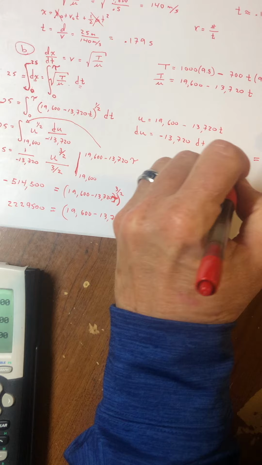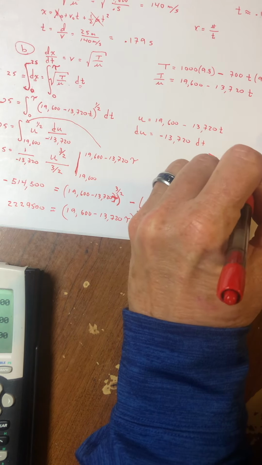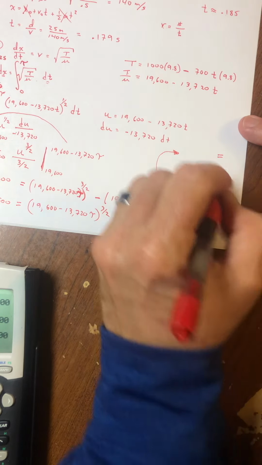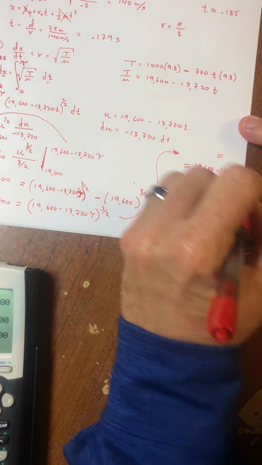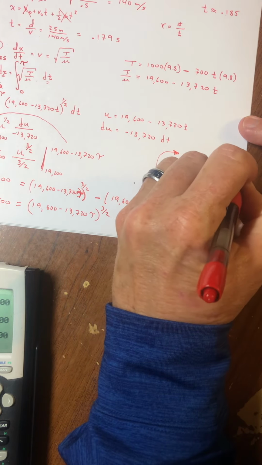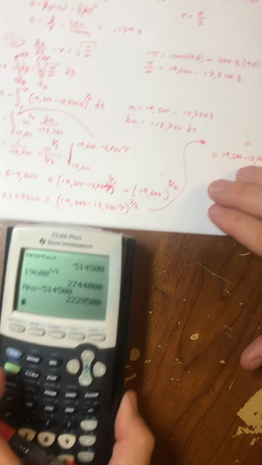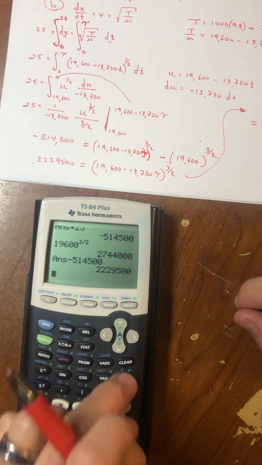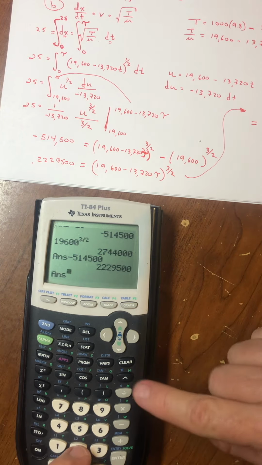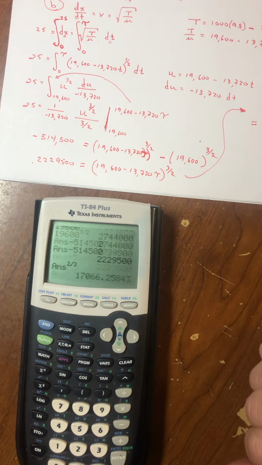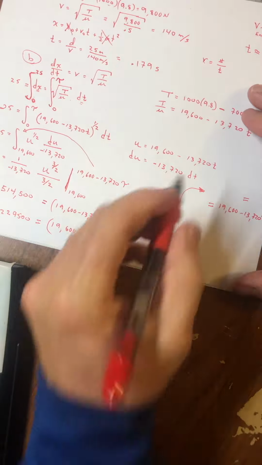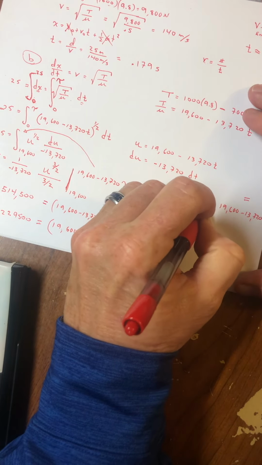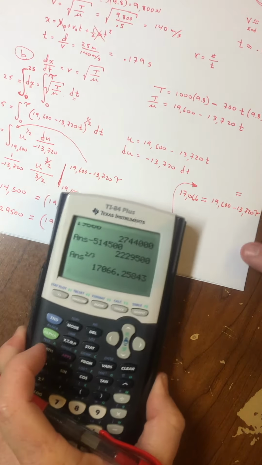And so this is going to be 19,600 minus 13,720 tau. And then raising this side to a power of 2/3 is the other side of the equation, 17,066.